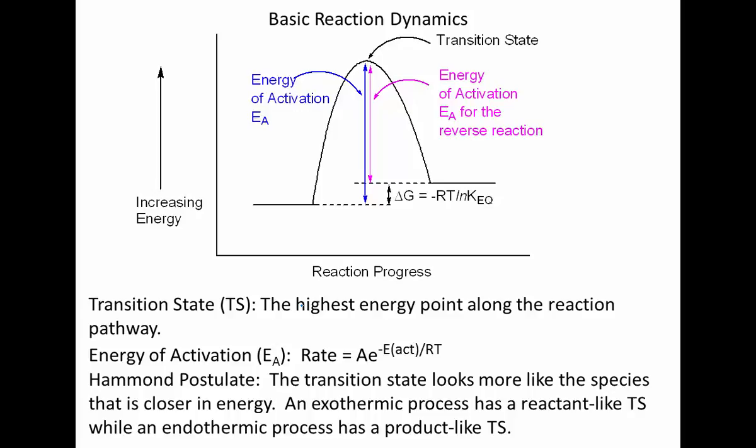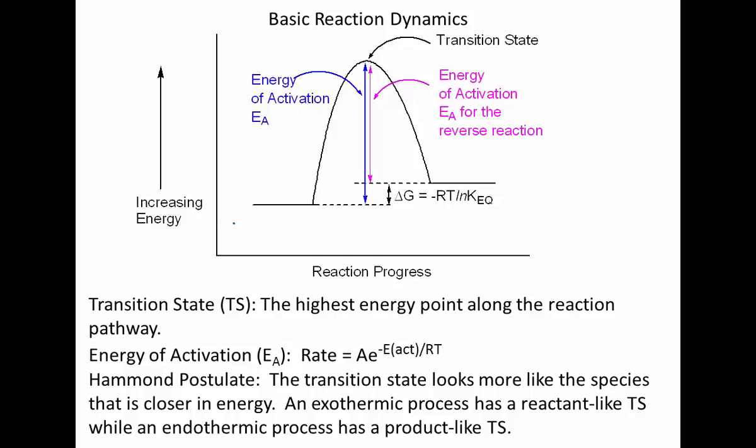First, let's look at some basic reaction dynamics. Okay, if you recall from the discussion of potential energy diagrams, we looked at how reactions proceed. This is a good example here of something we call an endothermic reaction. Okay, so when reactions proceed, they transition from reactants to products.